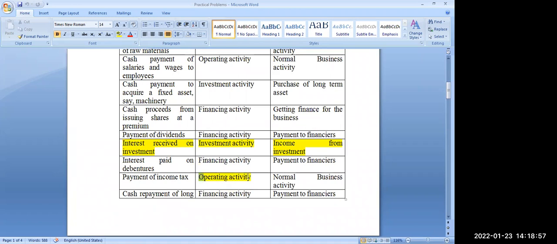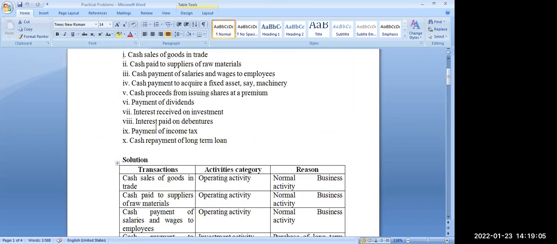It is given here as operating activity, but it is normally not a business activity. You are not paying income tax for the purpose of producing anything. You are paying on the profit. Nowadays excise duty or GST could be an operating activity. So this is neither operating nor any other activity. It's an out-of-profit activity.